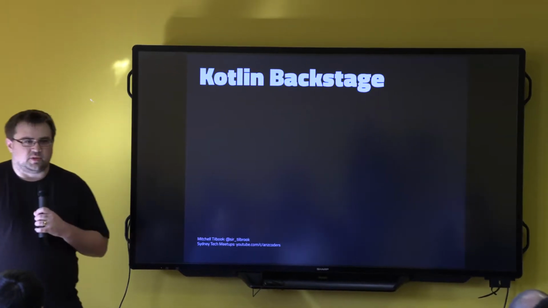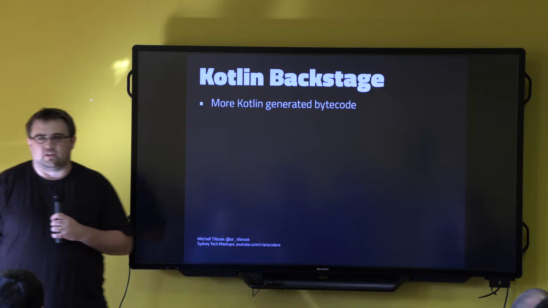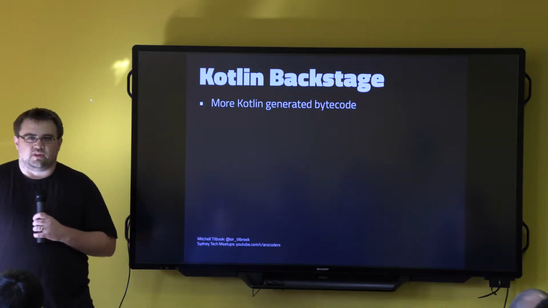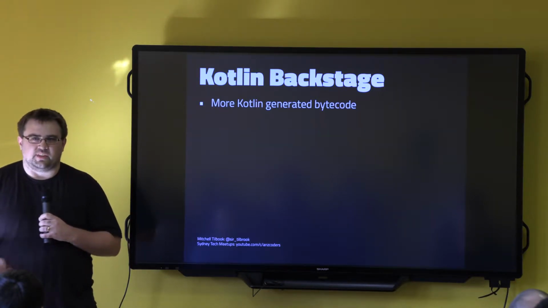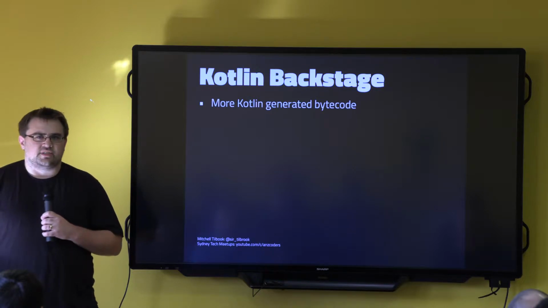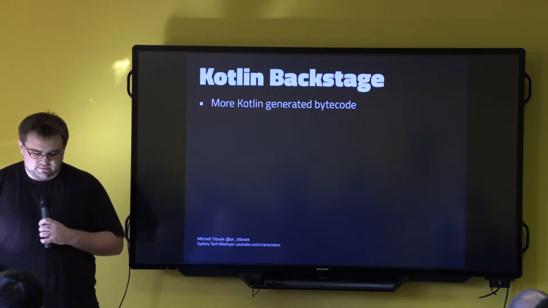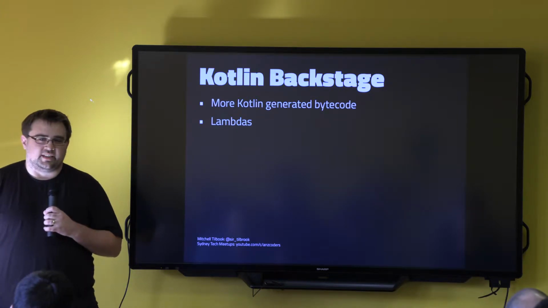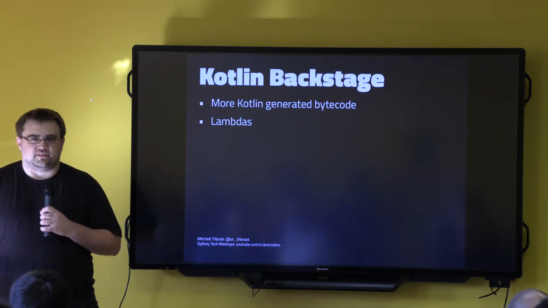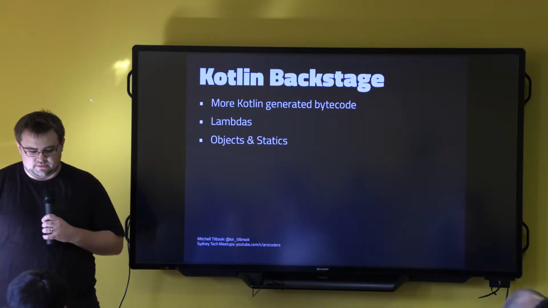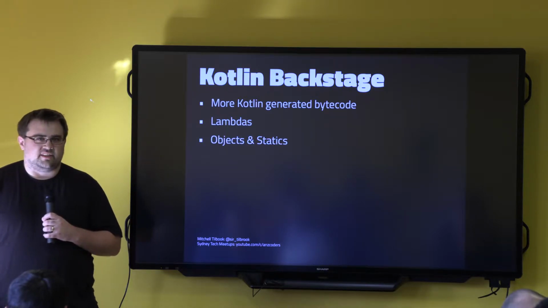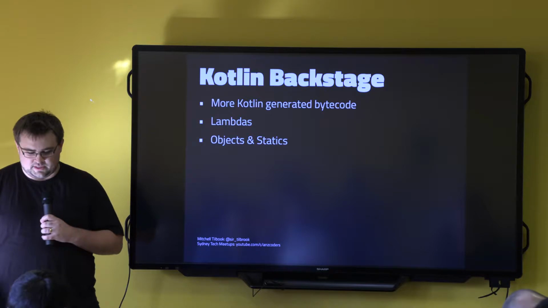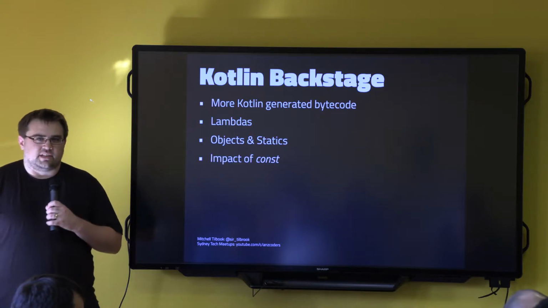So what are some of the things we're going to be looking at? We're going to be looking at more Kotlin-generated bytecode, and what Kotlin is doing to bring some of these features that we love into a runtime, which technically doesn't support some of them. We're going to look at lambdas, quite a few different ways of actually writing lambdas in Kotlin, and the impact of the different ways in which you can do it. Objects and statics and how they work, and a little bit about the companion object, and the impact of consts.